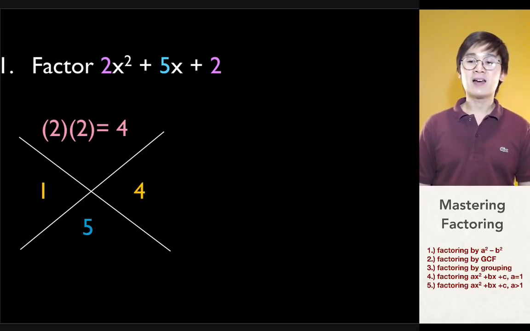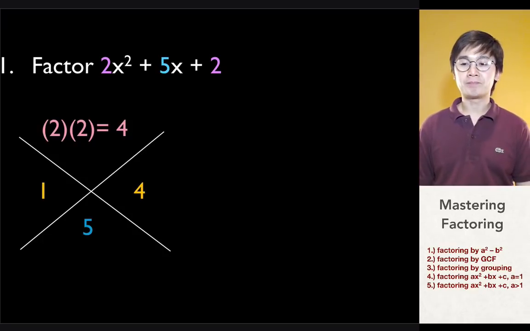So this is the added step that we're using whenever your quadratic equation falls under this category. So you multiply the first term and the last term to find the matching factors of the middle term.